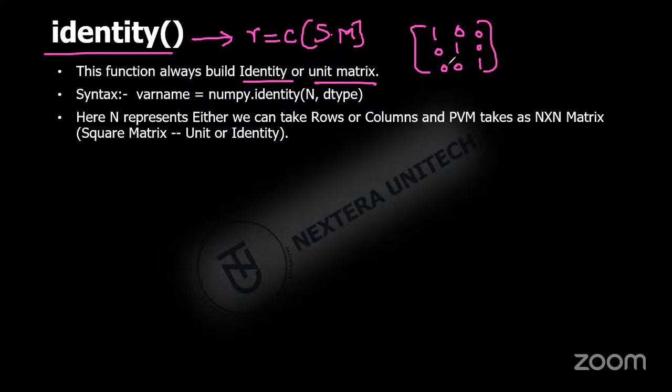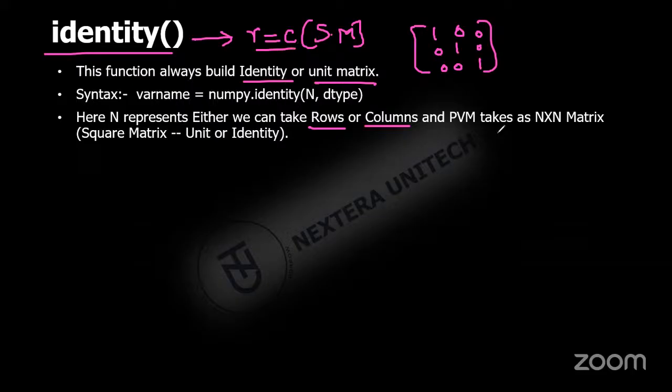That is the purpose of the identity function. Even if you observe the syntax, numpy.identity(n, dtype). What is n representing? n takes either rows or columns. If you specify one value, that is enough, guys, because we know that rows and columns are both the same.